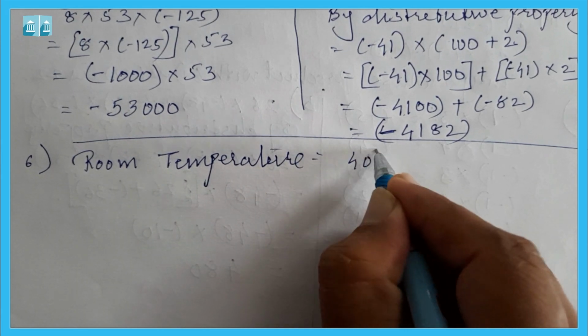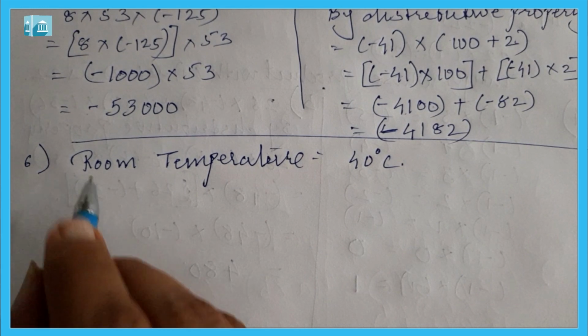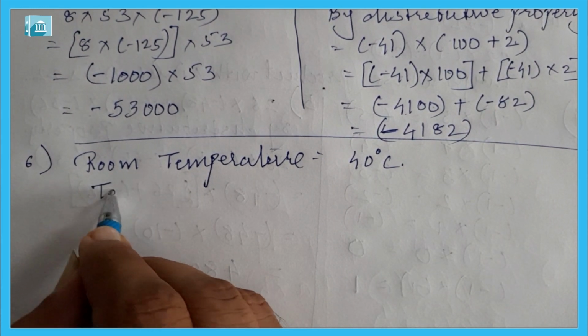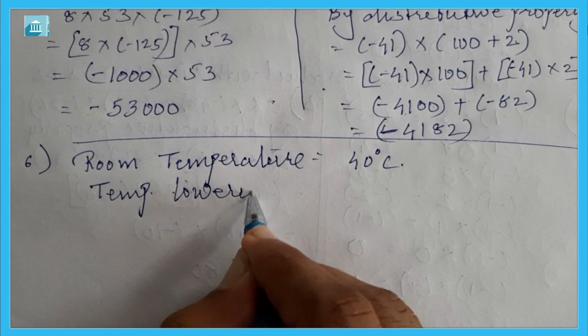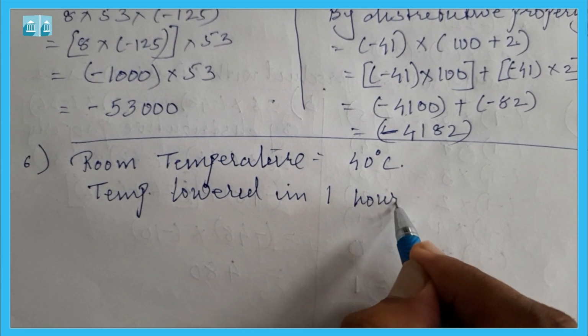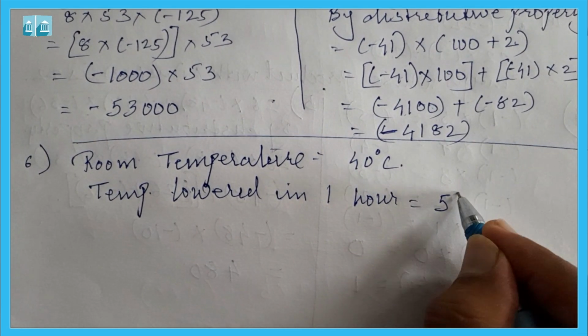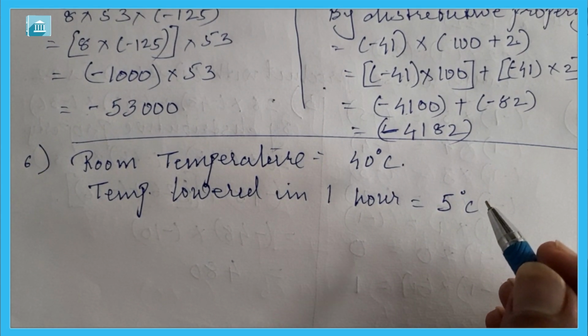It is given 40 degrees Celsius. Now it is said that it will be lowered, so the temperature lowered in 1 hour is given as 5 degrees Celsius.